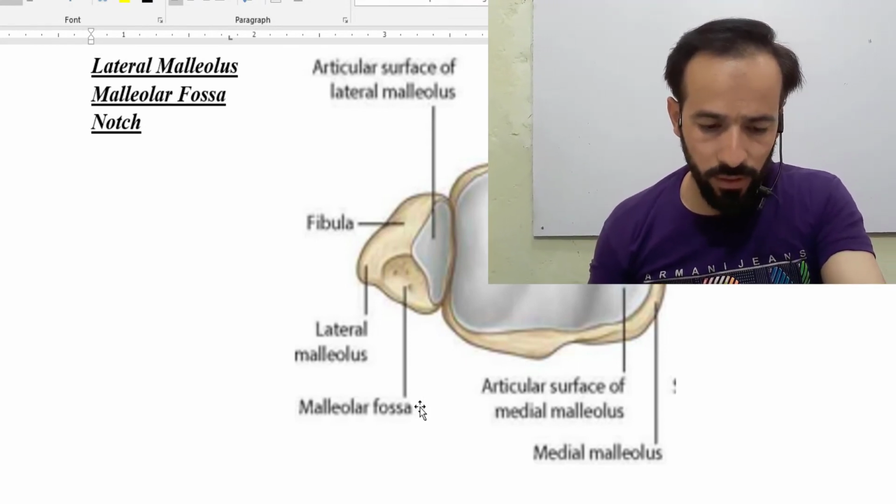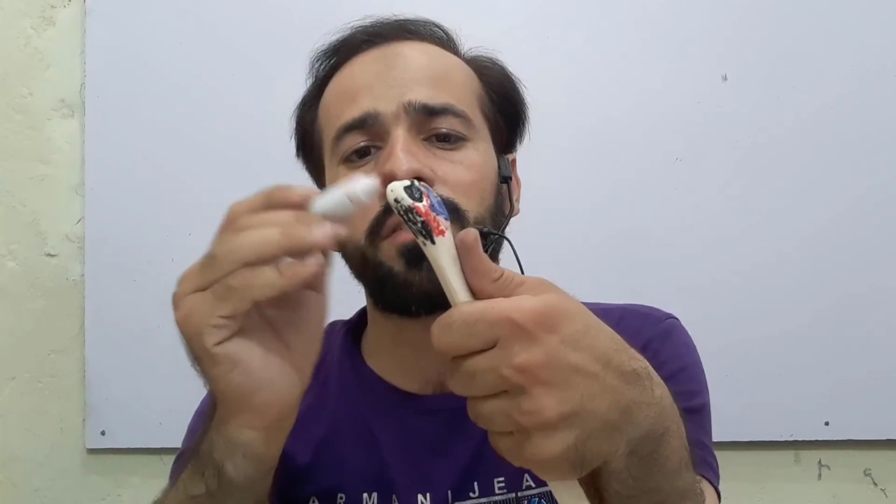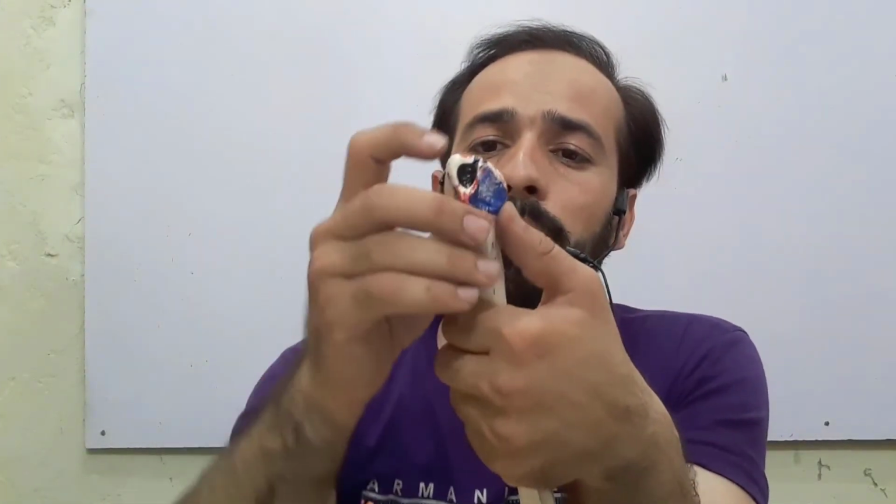Here is a notch present, right? This is the notch which is present here. So this is called the fibular notch. There are the attachments of certain important ligaments to it. We will discuss later, right friends?